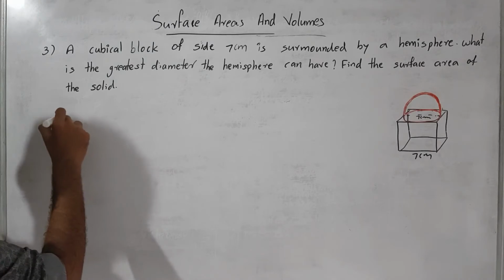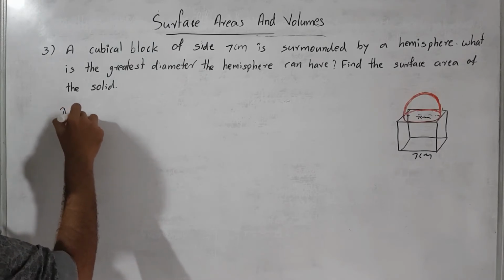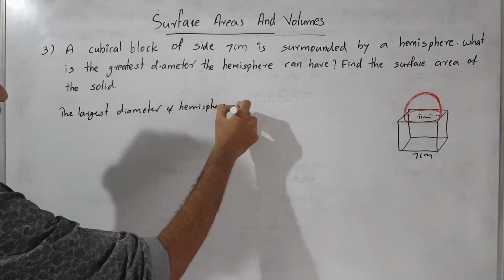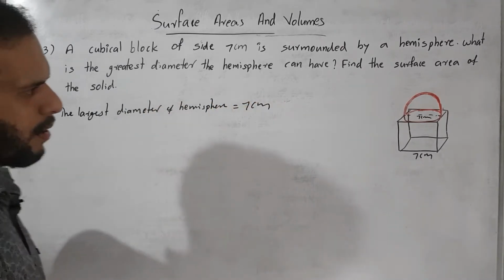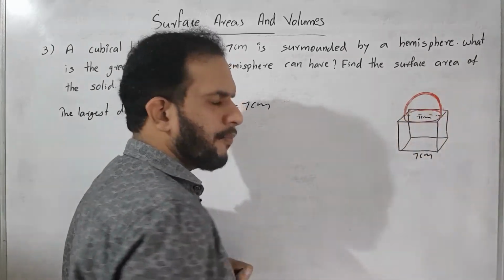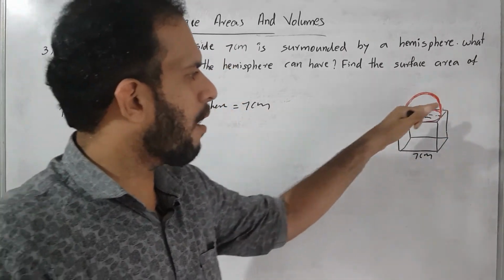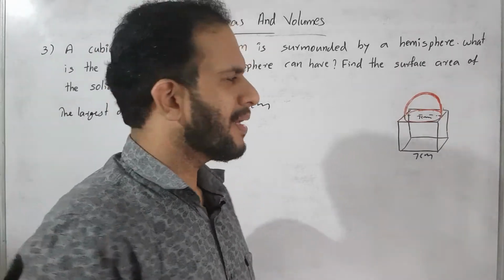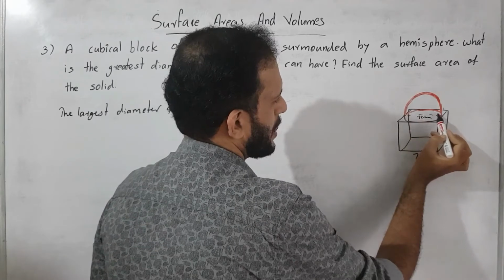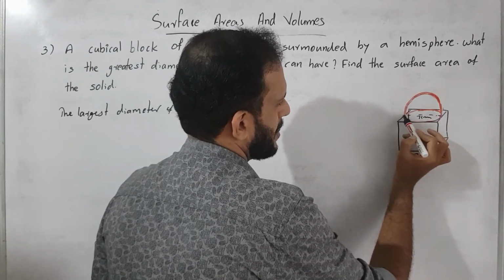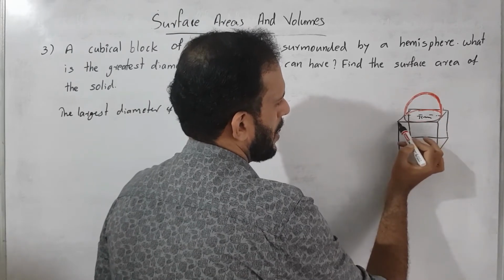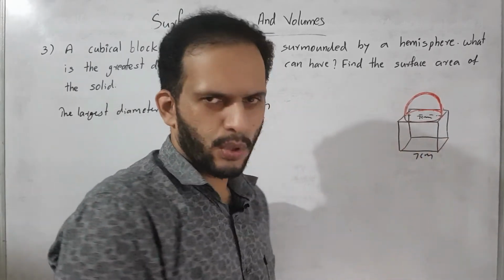The answer of the first one, the largest diameter of the hemisphere is equal to 7 centimeter, because if the hemisphere touches the four edges, the four sides of the cube, then the largest diameter of the hemisphere is equal to the distance from this side to this side. This length is equal to the side measurement of the cube.